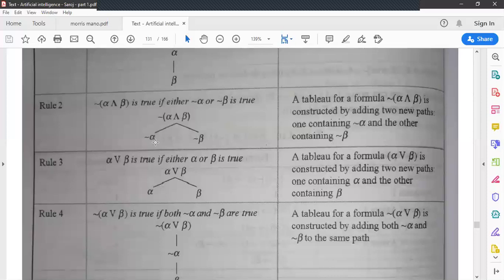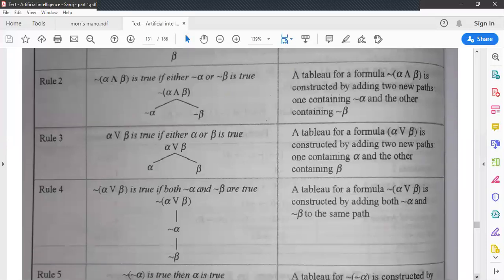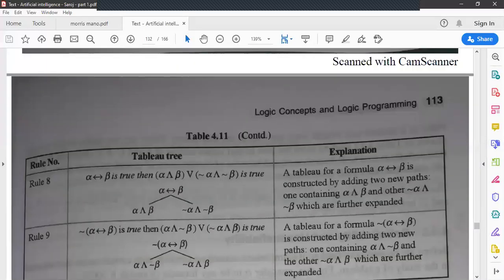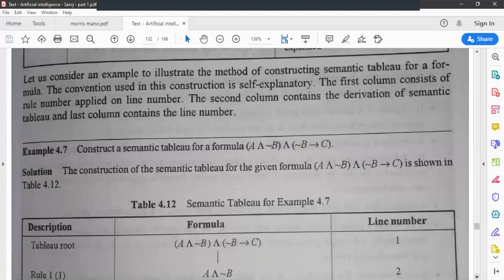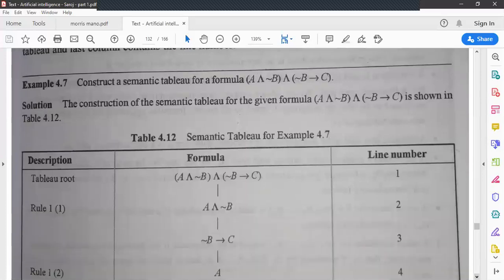So you get left and right two children, both derived from the formula which is not (A and B). Likewise, you have 9 rules. You can go through the rules.